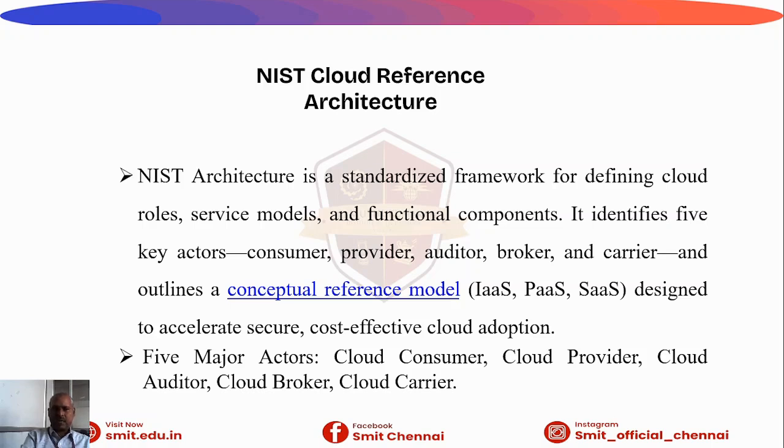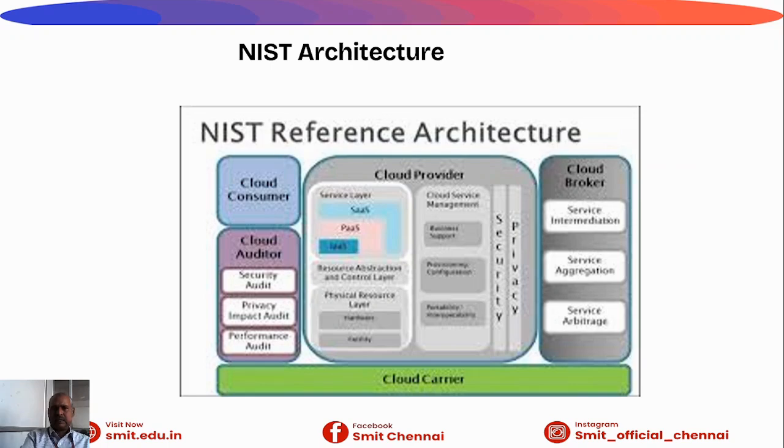The 5 major actors are cloud consumer, cloud provider, cloud auditor, cloud broker, and cloud carrier. This is the reference architecture model for the NIST cloud reference architecture. First, we see the cloud consumer. The cloud auditor handles security auditing, privacy impact audit, and performance audit.